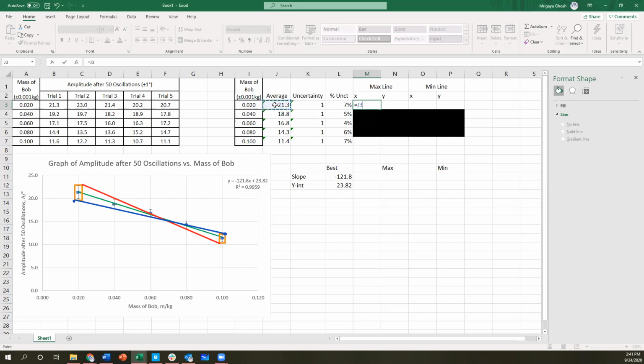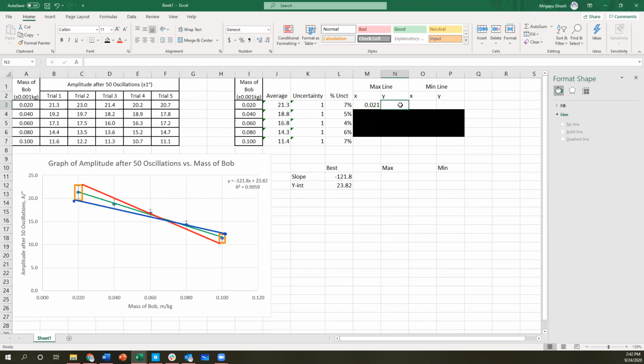Sorry, not your average. This is the x value we're dealing with, so we're doing the x value plus the uncertainty. Our uncertainty for x is always going to be 0.001, right? So that's the x value of the max line for the first point.